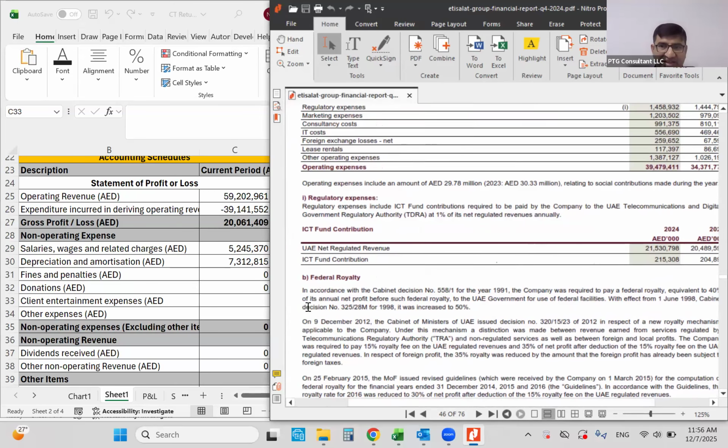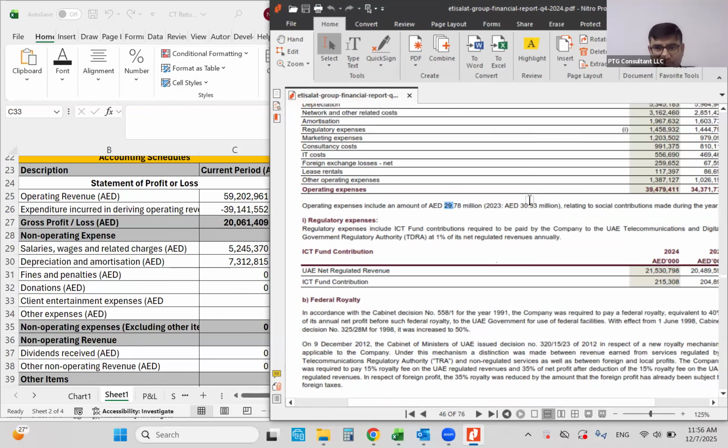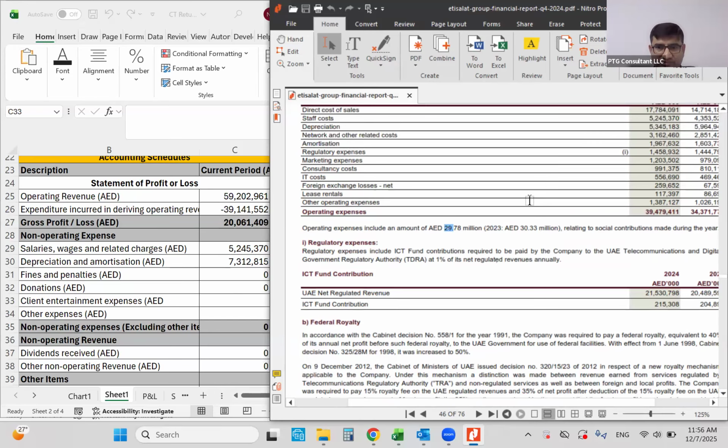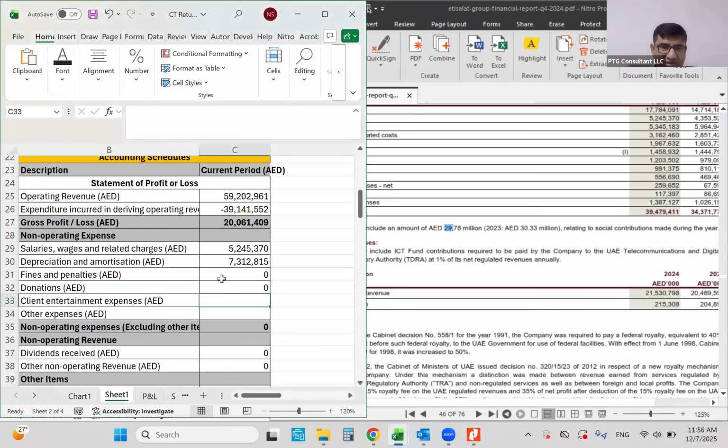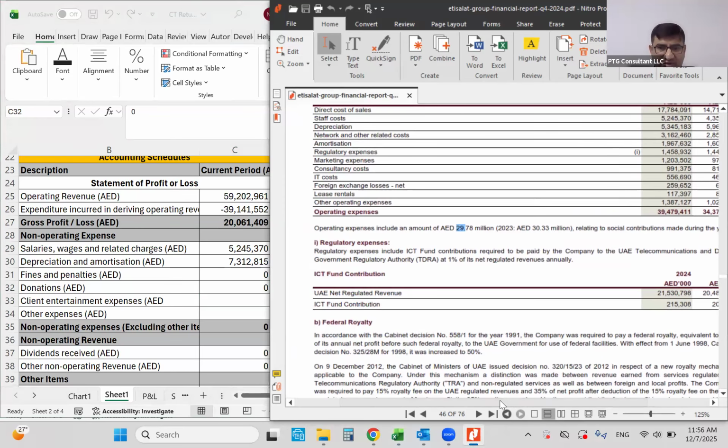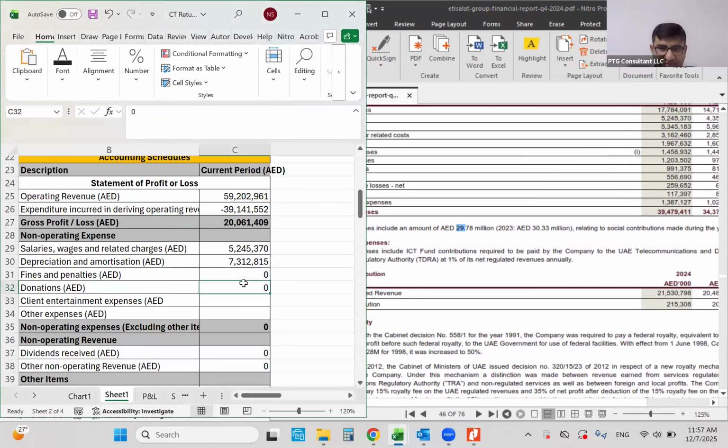Because still here we are not sure about the social contribution, but we are assuming this is the donation they made. Do you want me to write this 29 billion in donation? Yeah. Here we are assuming no further information is available or found, so we are considering this as a donation. If we have further information and supporting documents, the treatment might go the other way around.